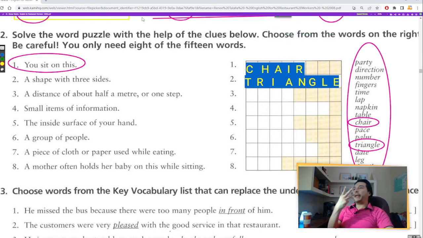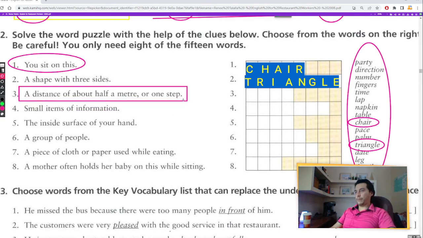Ready for number 3? A distance of about half a meter or 1 step. Four letters. Number 3, 4 letters.